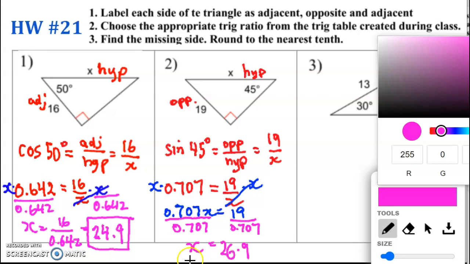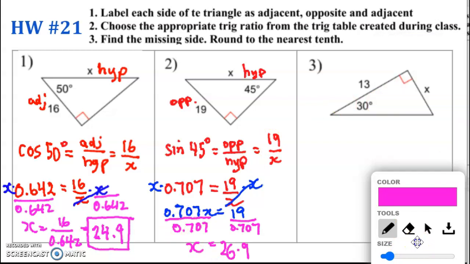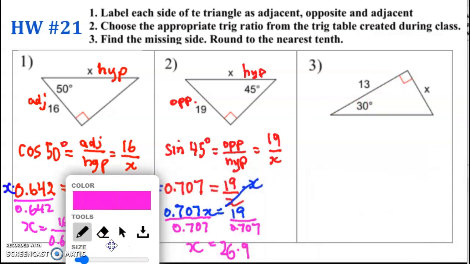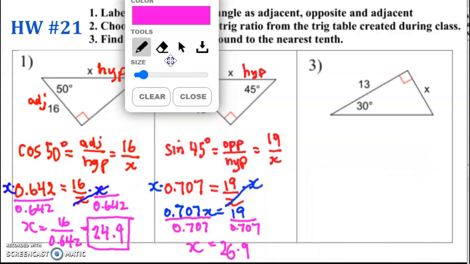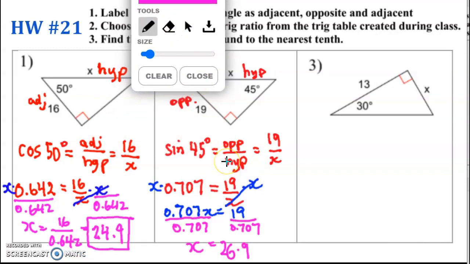All right, then finally, let's move over here. So finally we need to solve this one. What is this? This is 30 degrees. That means this is the opposite side, and this is adjacent to the angle.